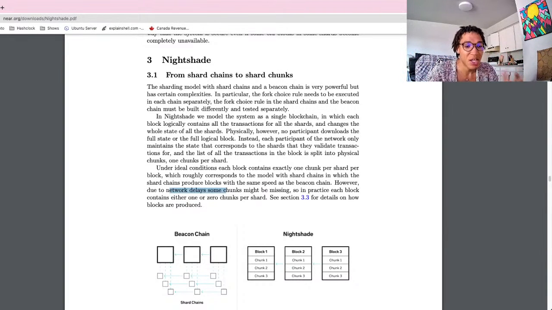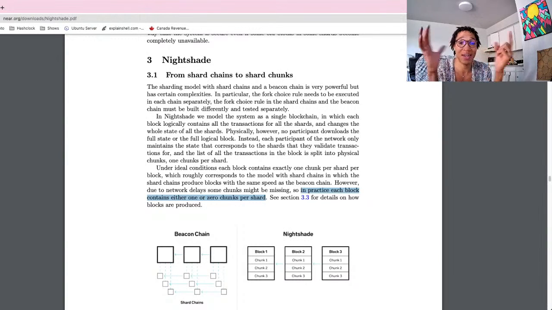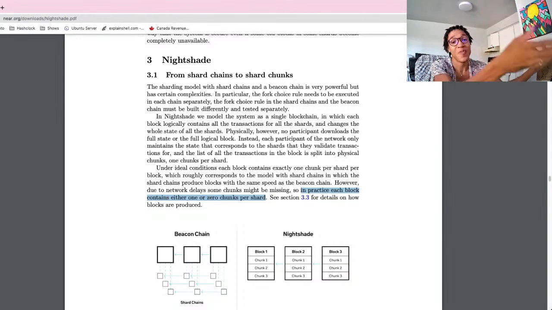So in practice, if a block goes by and some shards haven't proposed their chunks, then each block contains either one or zero chunks per shard. Because you wouldn't want two, since that would not be consensus. Consensus could mean you have one idea for what the state is, or nothing because of network latency. The message didn't come yet, but it should be out there and should be coming.